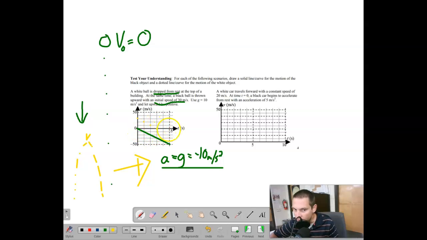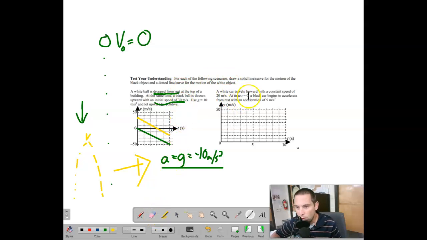Remember, whenever you cross that horizontal axis on a velocity versus time graph, that indicates that you have changed directions. Now these two lines on the graph should be exactly parallel to each other because they have the same exact slope. It's negative 10, so the two lines would never cross, even though it looks like maybe they do. That's just me being rushed.